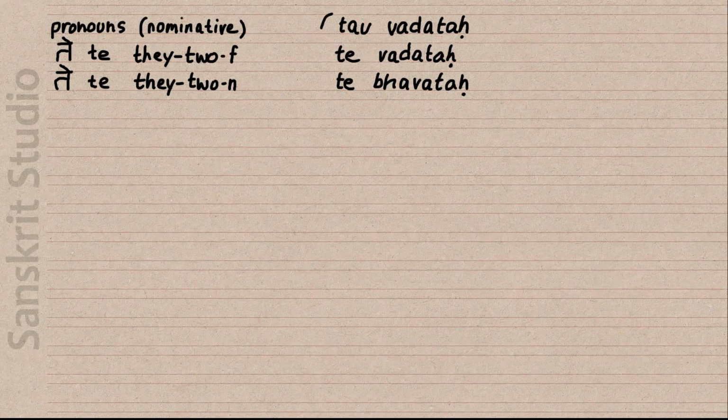So these are the three third person pronouns: tau, te, te, for the dual case, the two-person case, or the two-thing case.